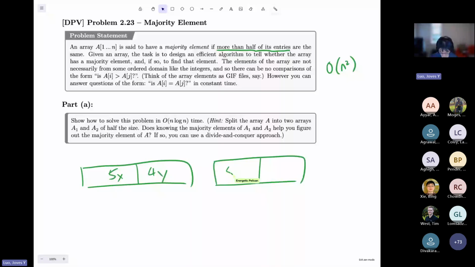The majority of both sides, if they are equal to each other, has to be the majority combined. So that's an O(1) check, real quick. Now, if all of our subarrays happen to do this, then we're good. We're done. We just keep bubbling this majority up, and the ultimate majority is the majority of both sides. But it could get a little tricky if I have something like this.